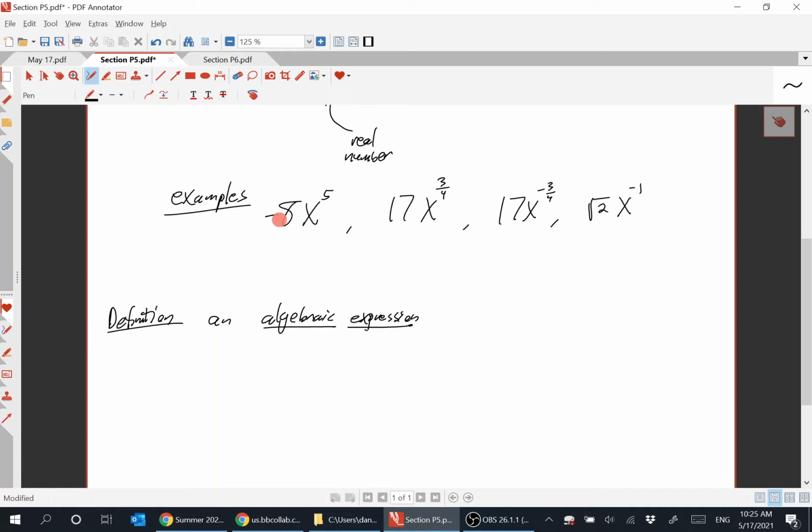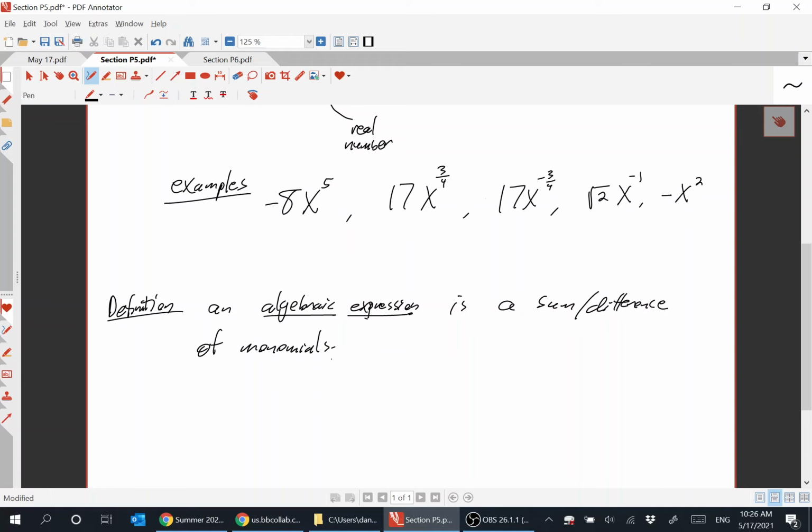Some of these can be negative if you want, like minus x squared.